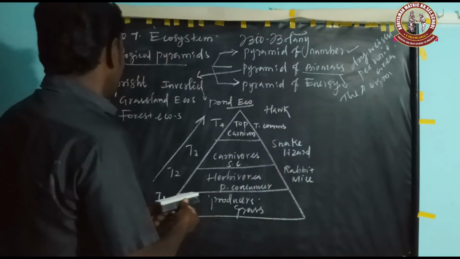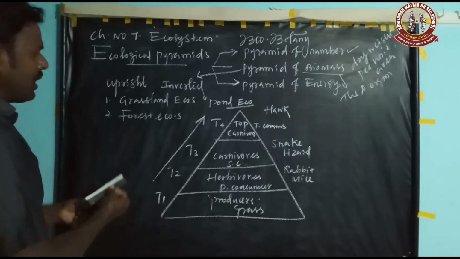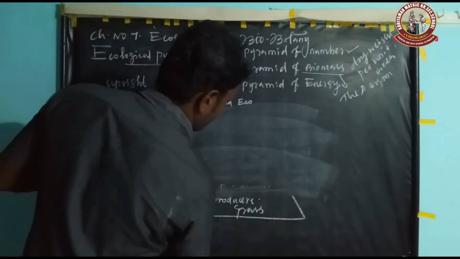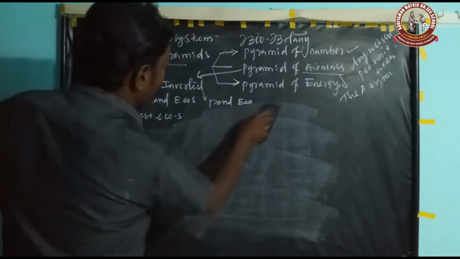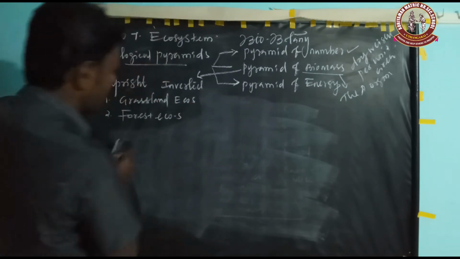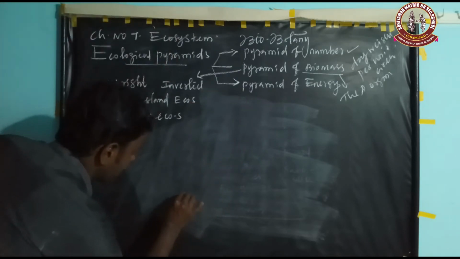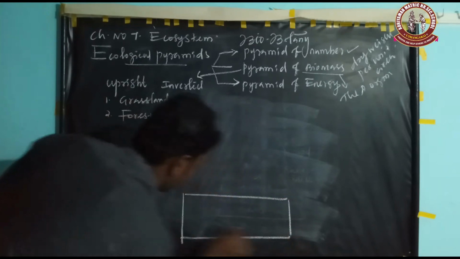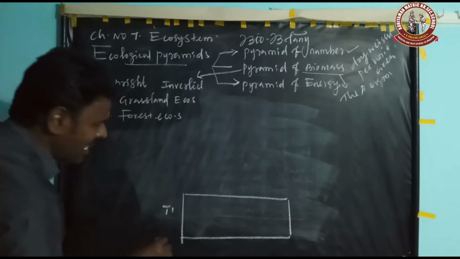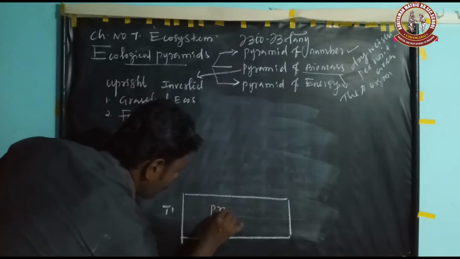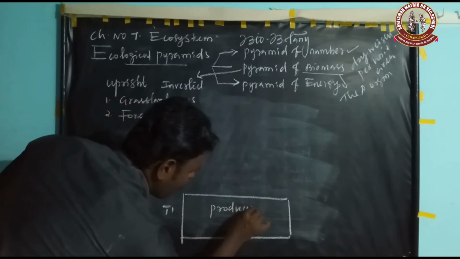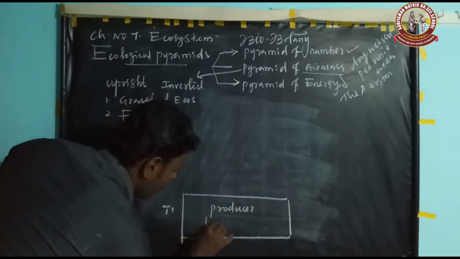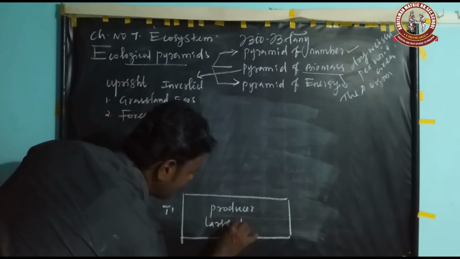Another one, forest ecosystem. The forest ecosystem also has a pyramid. The base of this pyramid is trophic level 1, which is the producers, the large trees.